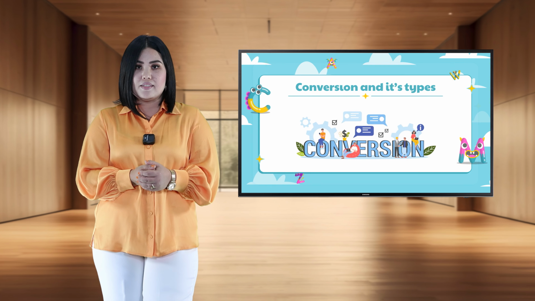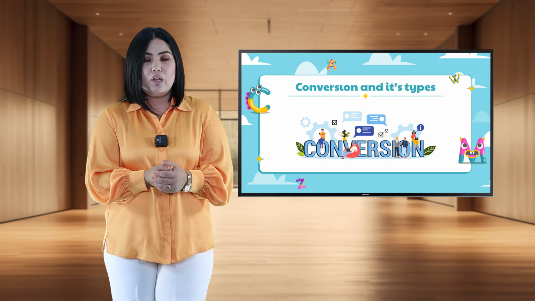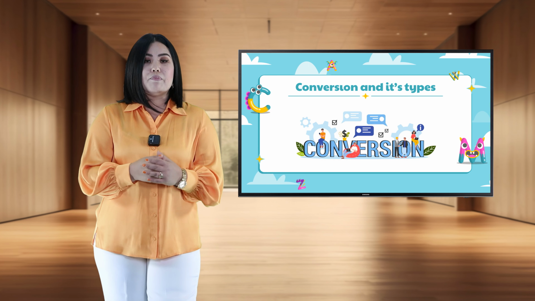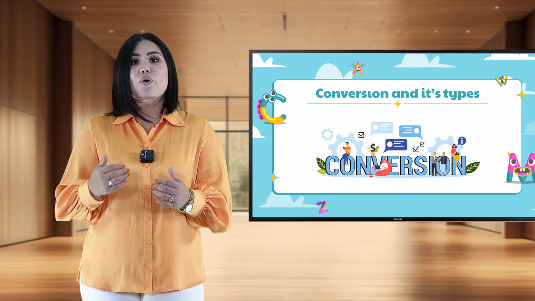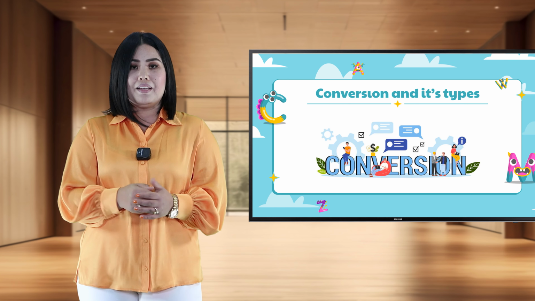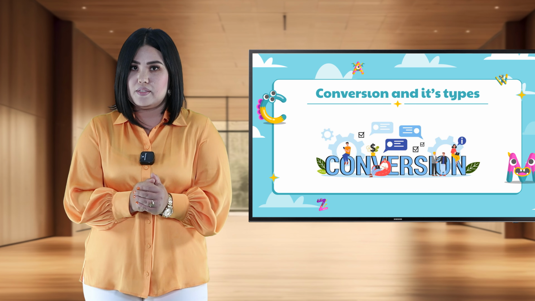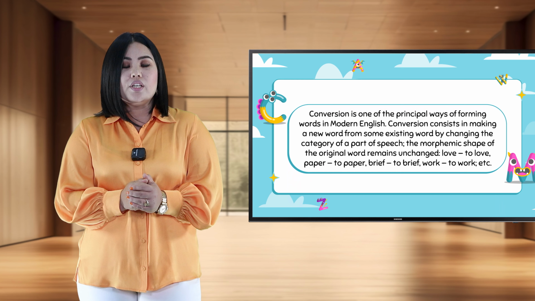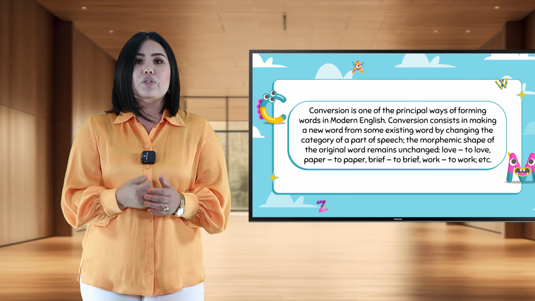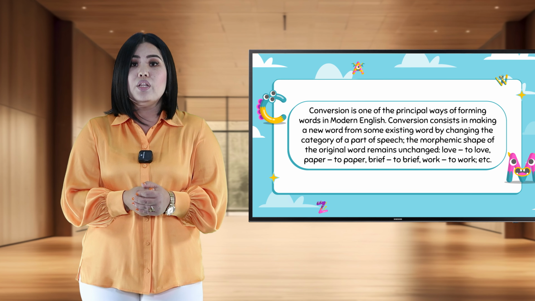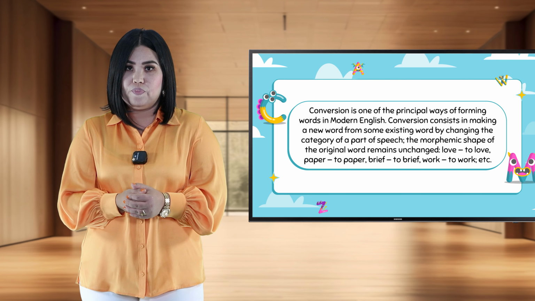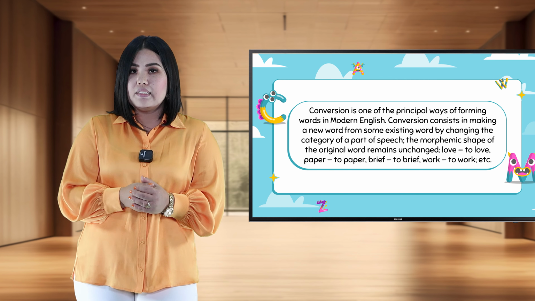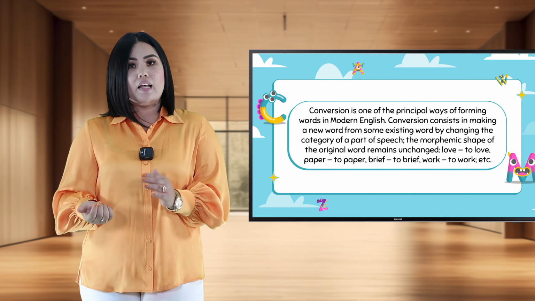Second type is conversion. Conversion is the process of changing the word class without adding any affixes. Conversion is a highly productive way in modern English. It is widespread among verbs and nouns.